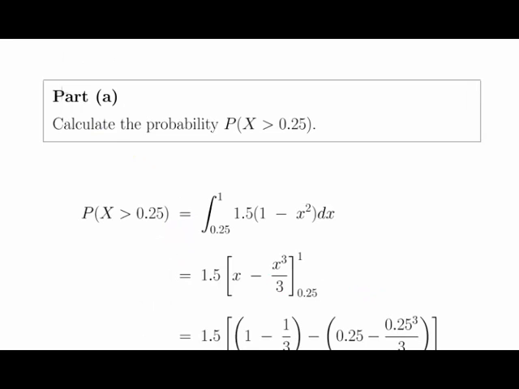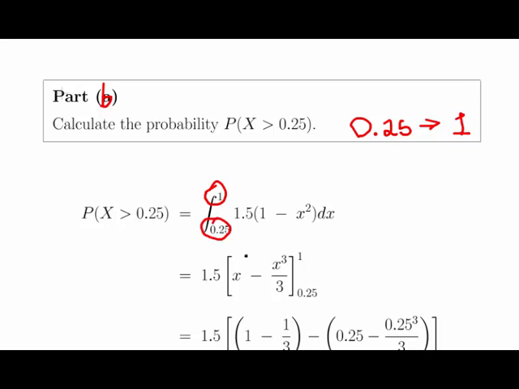Essentially what we have to do here is find the probability of x being greater than 0.25. This is actually part B. So x is greater than 0.25. This means between 0.25 and, remember, the upper limit is 1.